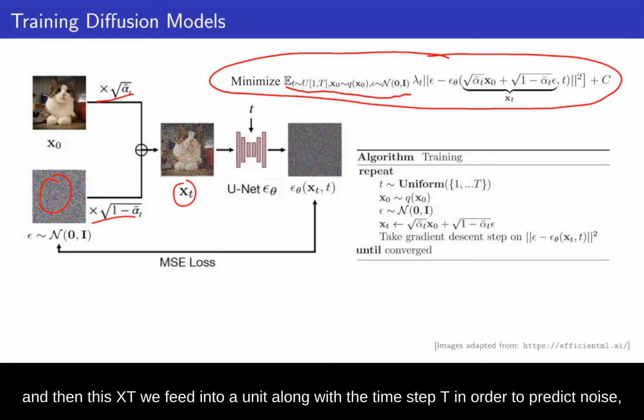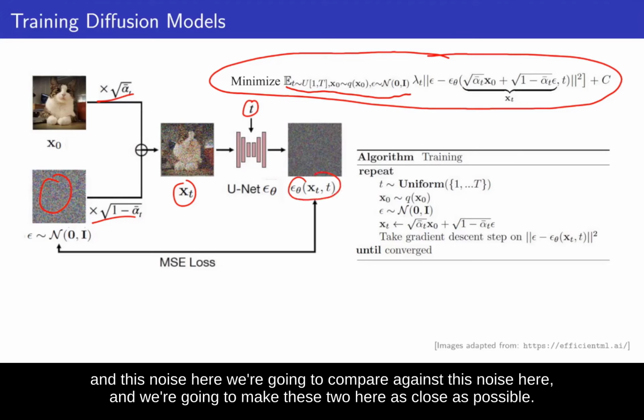And then this xt we feed into a UNet along with the time step t in order to predict noise. And this noise here we're going to compare against this noise here. And we're going to make these two as close as possible.